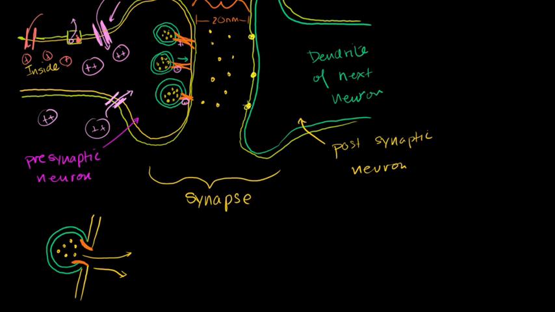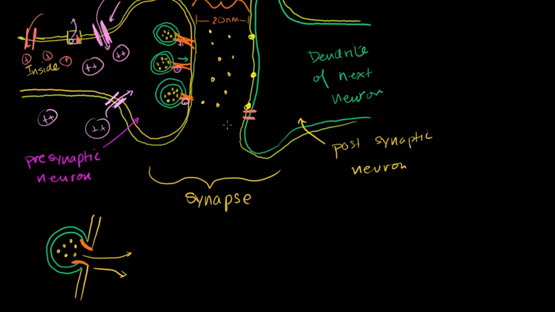But the main effect of that is that that will trigger ion channels. So let's say that this neuron is exciting this dendrite. When these neurotransmitters bond on this membrane, maybe sodium channels open up. So instead of being voltage gated, it's neurotransmitter gated.